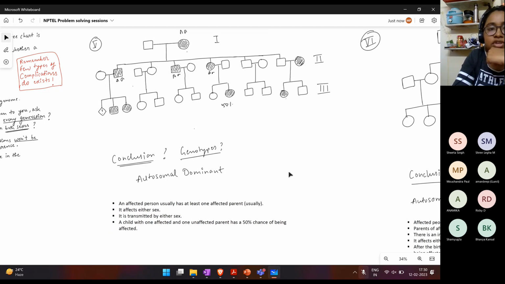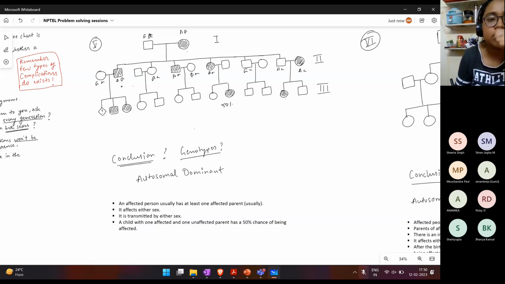So if we do genotyping, this will be aa, normal type, okay? And this is also aa, normal. This is normal, this is normal, and this is normal.